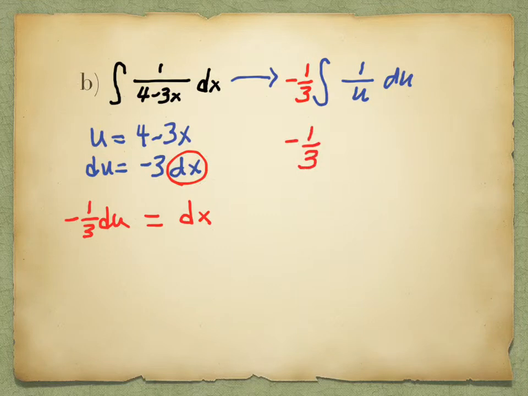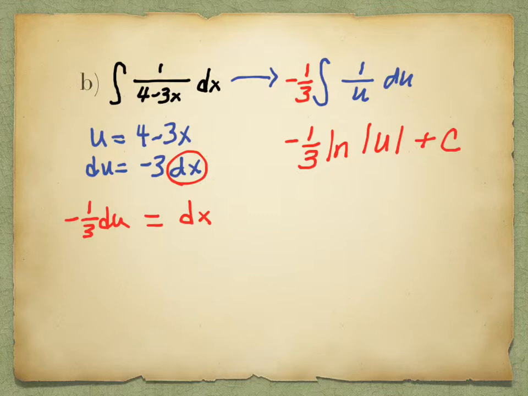What's the antiderivative of 1 over u? Natural log of the absolute value of u plus c. One more step. That's right.